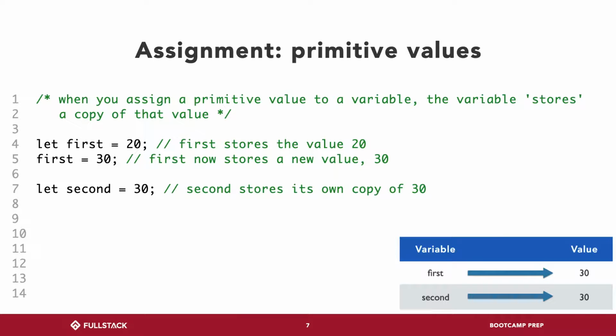So first is equal to 30. Now first stores the value 30. Then second stores its own copy of the value 30, okay? The value is copied and stored inside the variable. Does that make sense? That happens with every primitive value, okay? Strings, undefined, null, all of them. Second plus plus, second now stores a new value of 31.